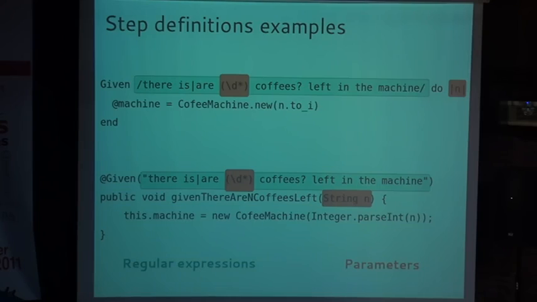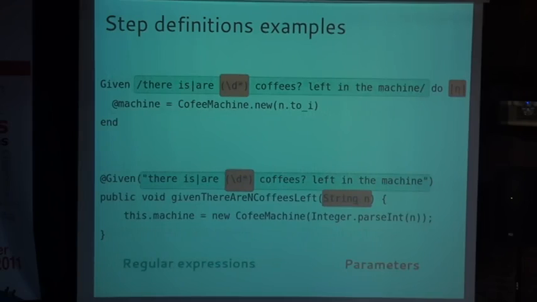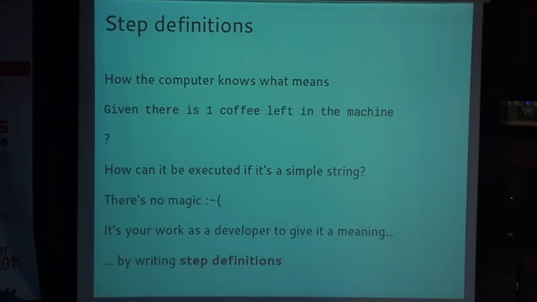So, for example, here we are capturing a parameter in the regular expression represented by the red boxes, we are capturing any numbers, so this step definition should work for this step, given there is one coffee left in the machine, but also the step definition will match a step with there are 2 coffees, there are 7 coffees, there are 42 coffees.